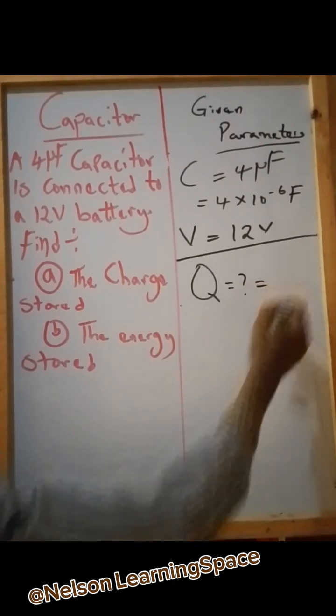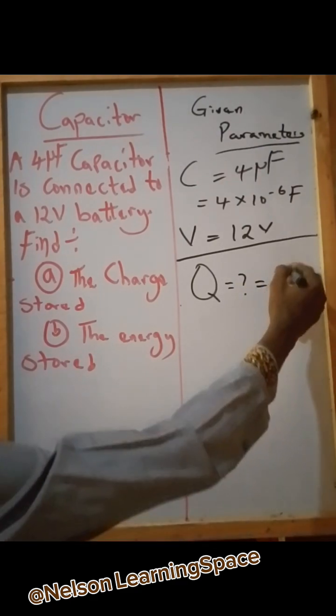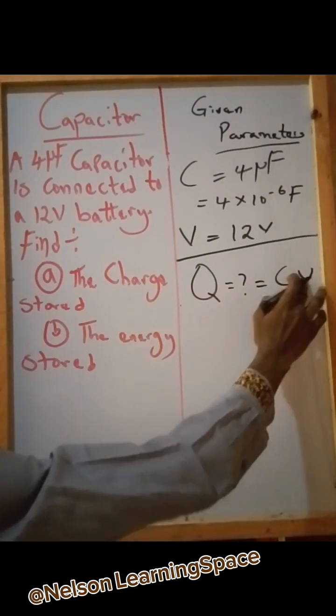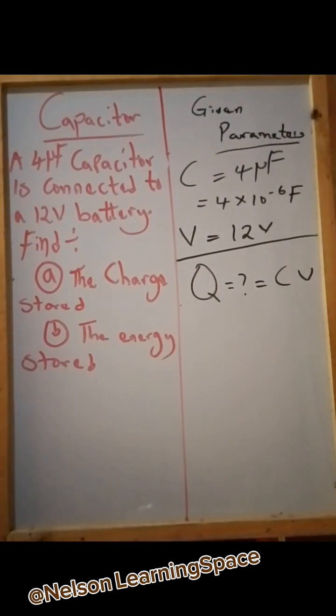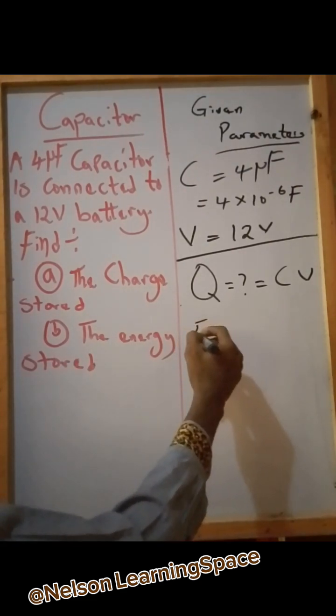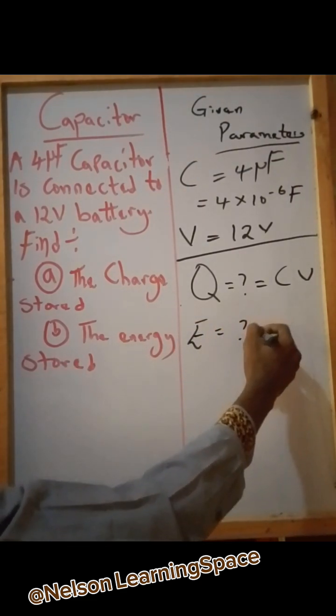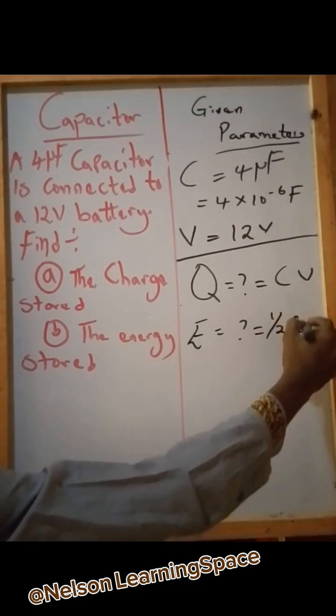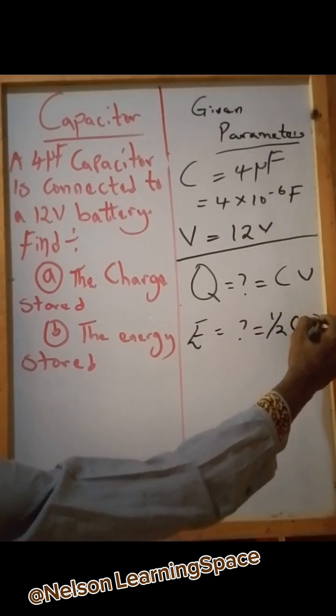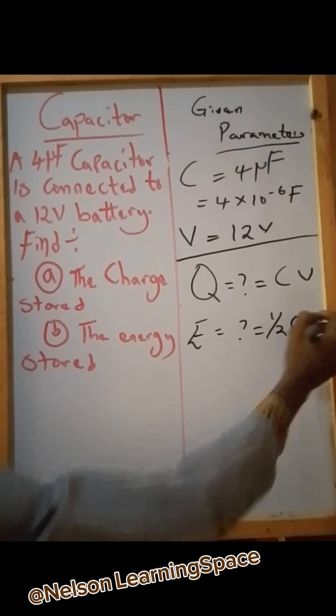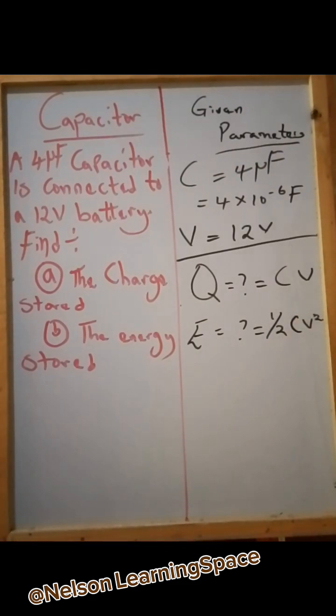And what is the formula? The right formula to use is CV. And then we have the energy stored, E, is also missing. And what's the formula? Formula is half CV squared. We're done. Tada! If you get the formula and you get the parameters, we can solve then.